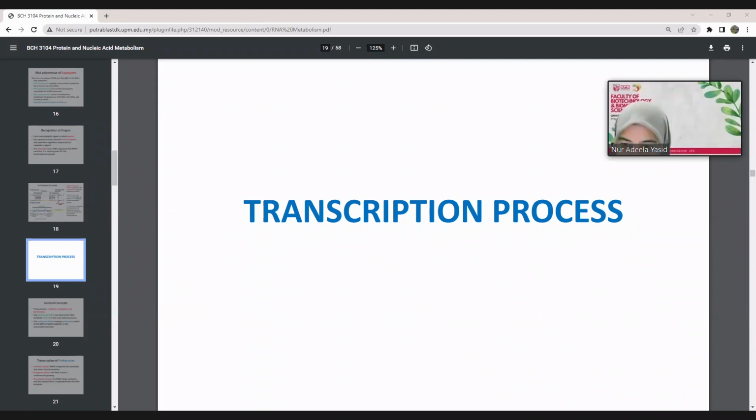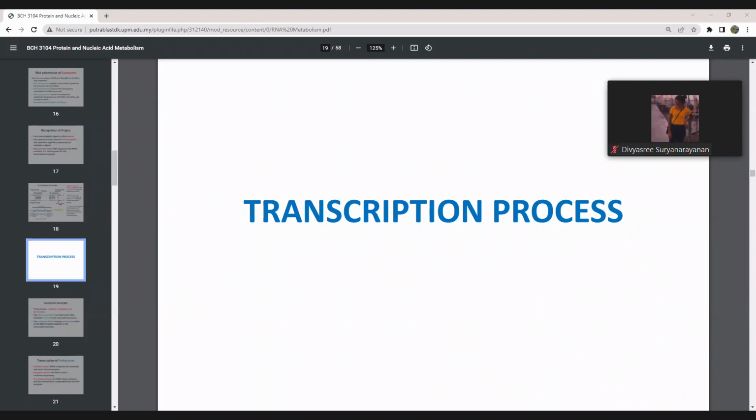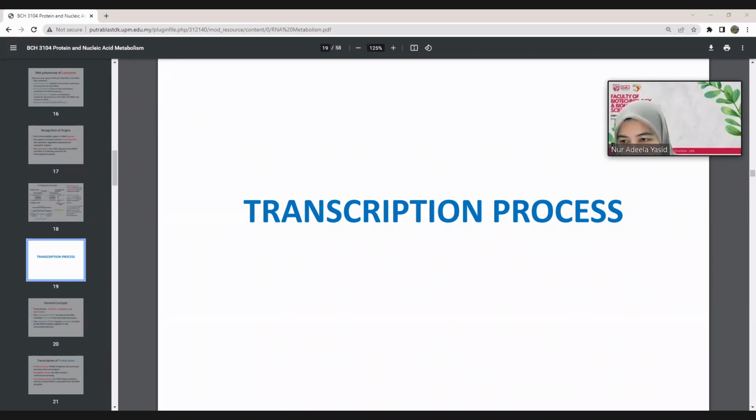All right. Okay. Thank you, Divyasri. So basically, these multiple types of RNA polymerase are only present in eukaryotic system. But for prokaryotic system, you only have one RNA polymerase. Okay. All right. Thank you very much.